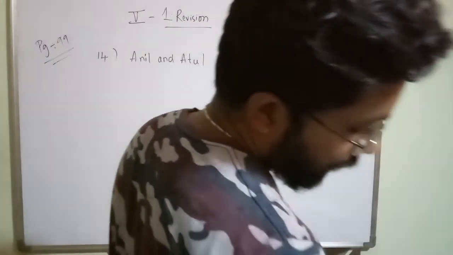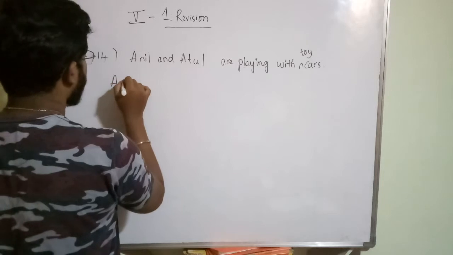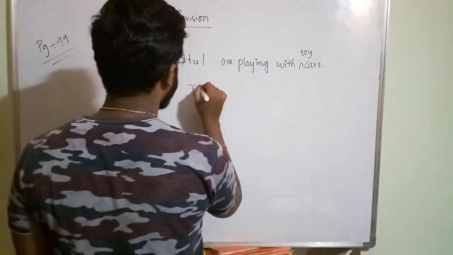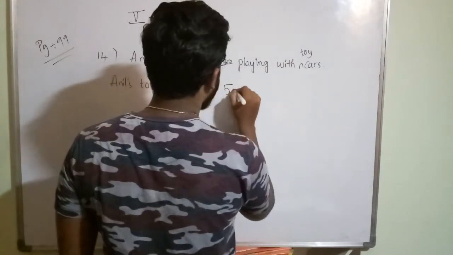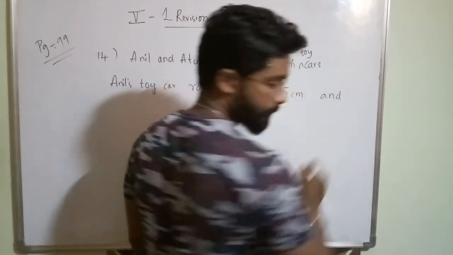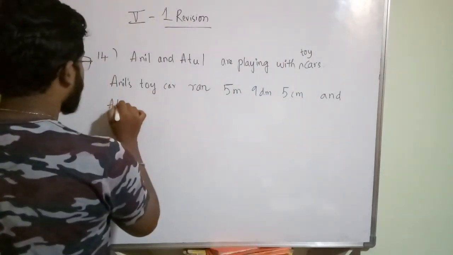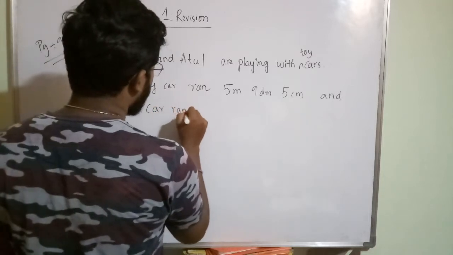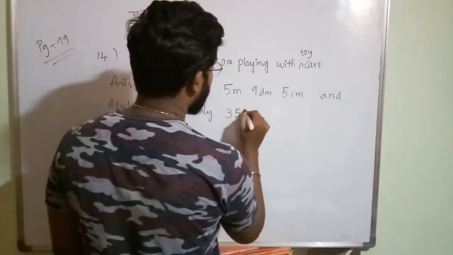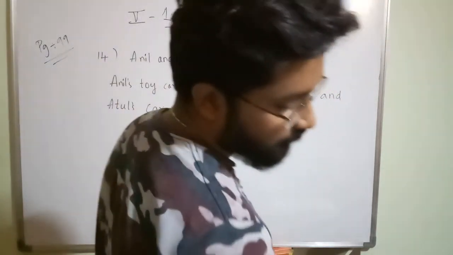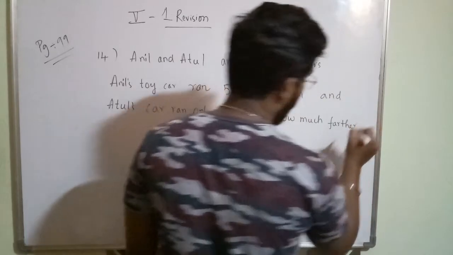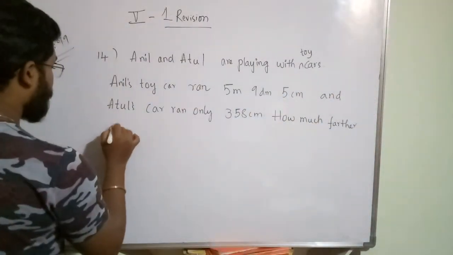Anil's toy car ran 5 meter 9 decimeter 5 centimeter, and Atul's car ran only 358 centimeters. How much further did Anil's car run?